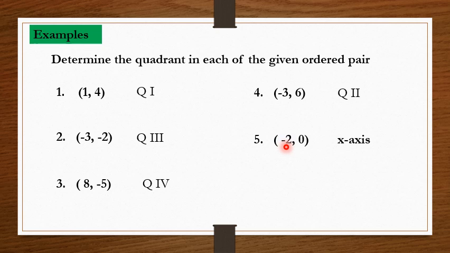This is for x. And for number 6, we have 0 and 1. The x is 0, but for y, we have a number. Therefore, the answer is y-axis. And if the given is 0 and 0, therefore that's the origin. That's your answer.